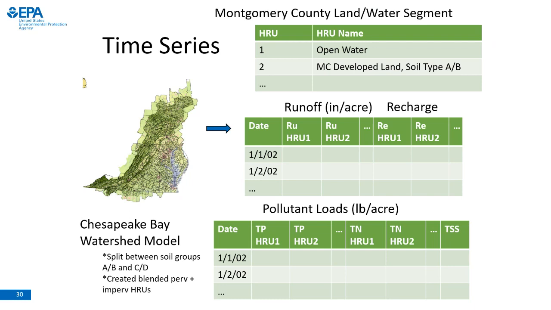In this case, Maryland Department of Environment wanted to define the HRUs based not only on land use and soil type, but also on the responsible party for stormwater BMPs. So we divvied up land that the county was responsible for versus the City of Rockville versus the Highway Administration.